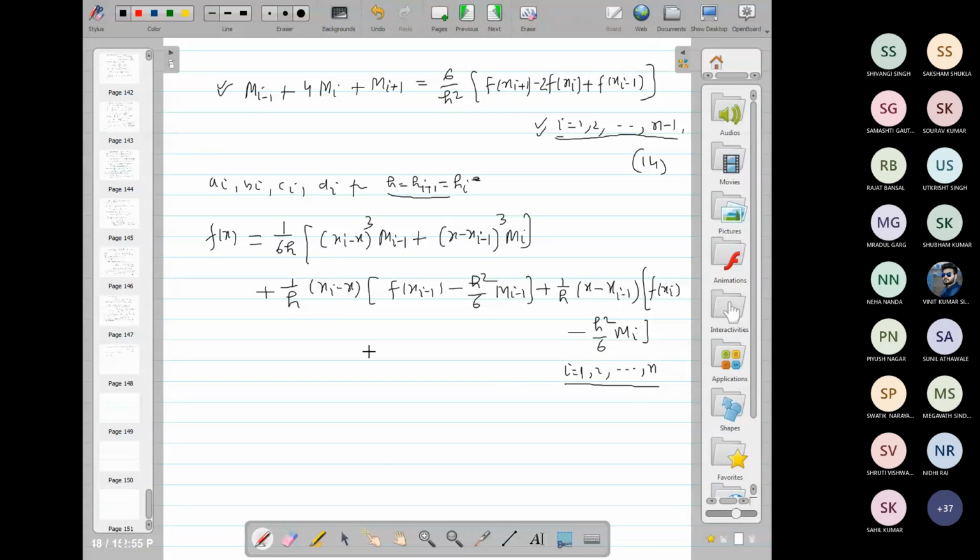So for each subinterval you need to solve equation 15 together with equation 14. By solving 14 we obtain mi plus 1 and mi minus 1, and then substituting these values in equation 15 we obtain the cubic spline curve. So you need to remember this formula to solve 14 and 15.